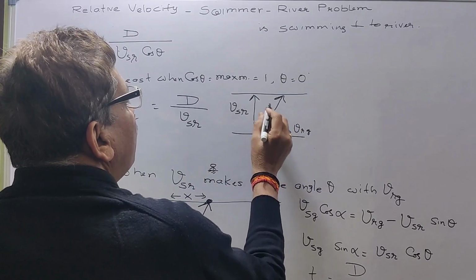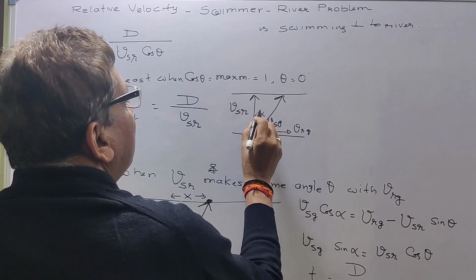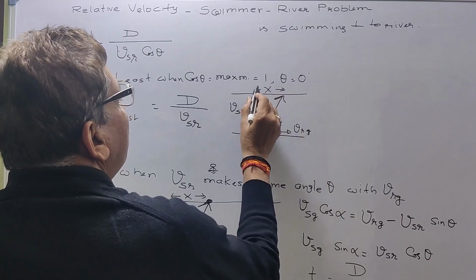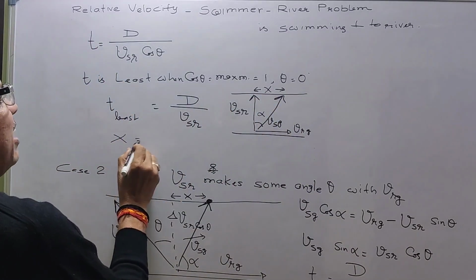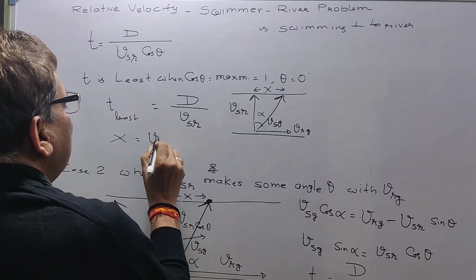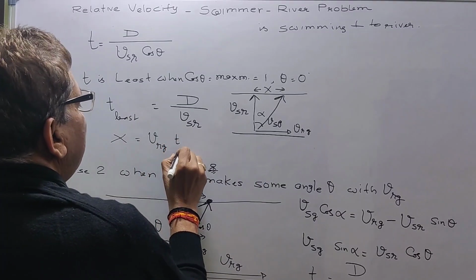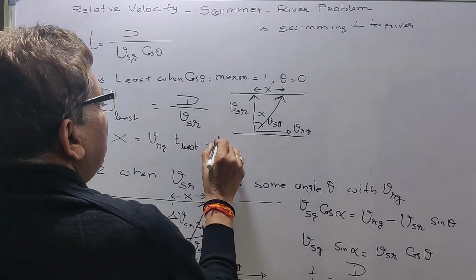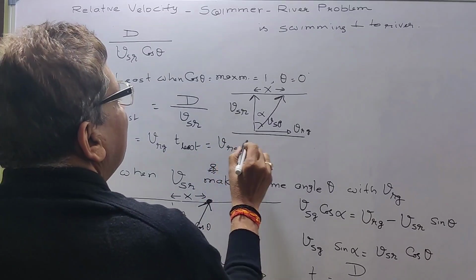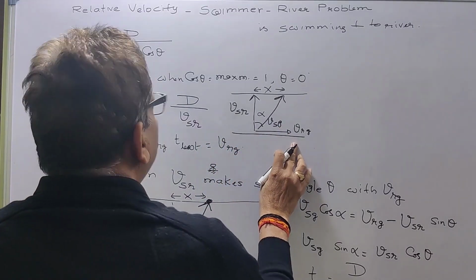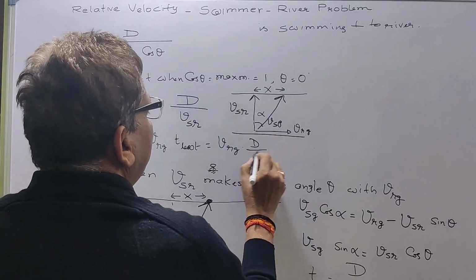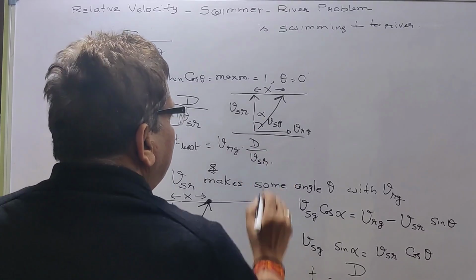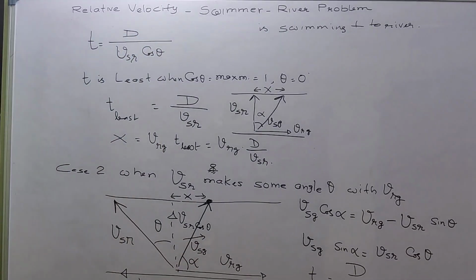Now if I want to find out this x, where this angle is alpha, I can find out this x as VRG into t least, and that can be written VRG into time, d by VSR. Right, this is the thing.